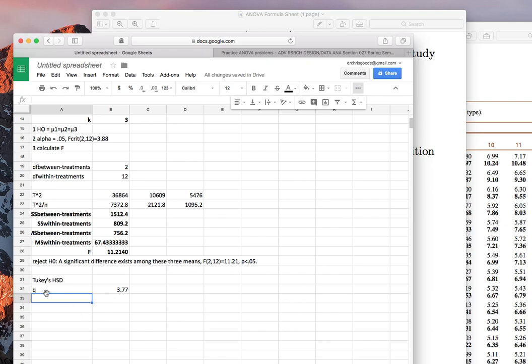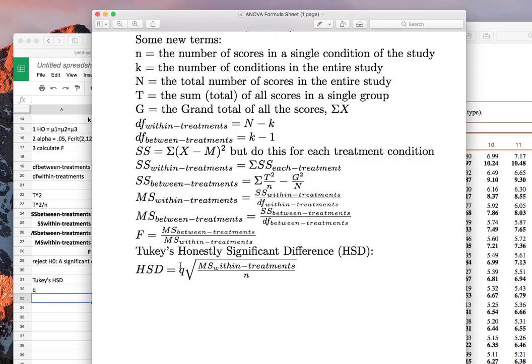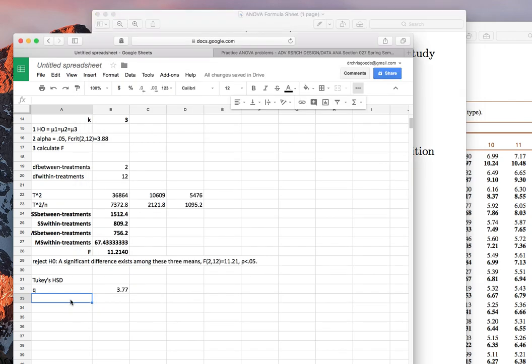Okay, so let's follow the formula. What is it? It's Q times the square root of the quantity MS within treatments divided by N. Now this only works when you have the same number of participants in each group. But here we go.